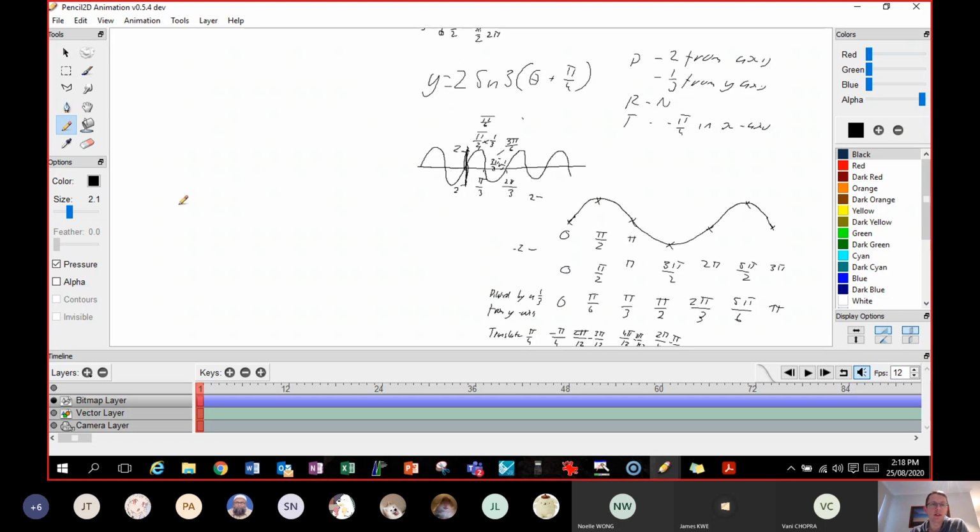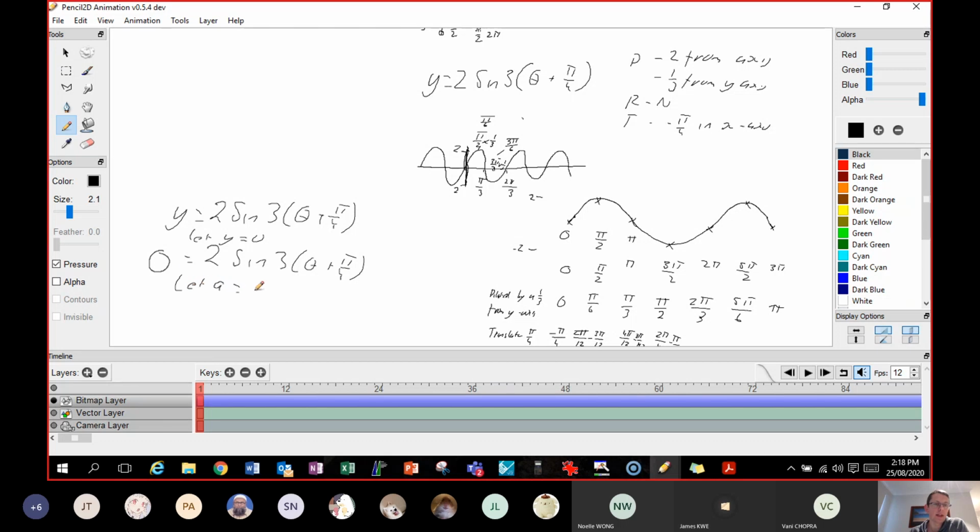So another thing you could do here is you could do y equals, we're just going to write it out, 2 sine 3 lots of theta plus pi on 4. So I want to know the x-intercepts, for example, where y is 0. Let y equal 0. So I'm going to go 2 sine 3 theta plus pi on 4.